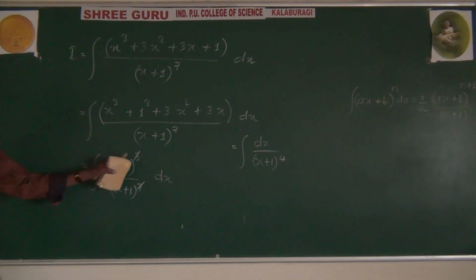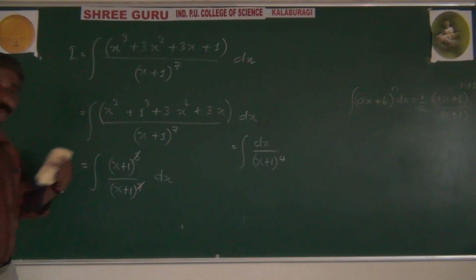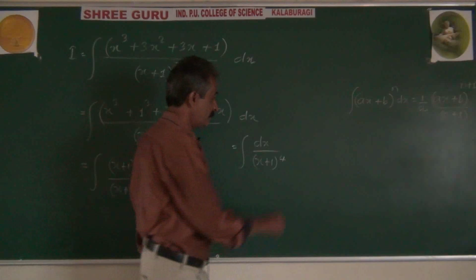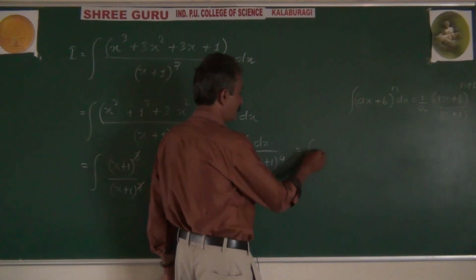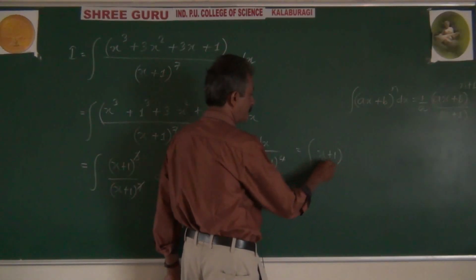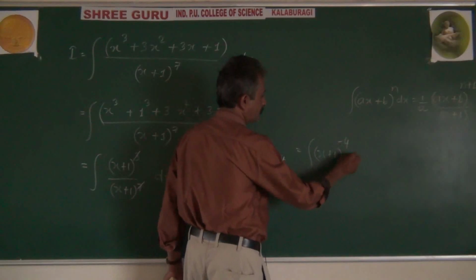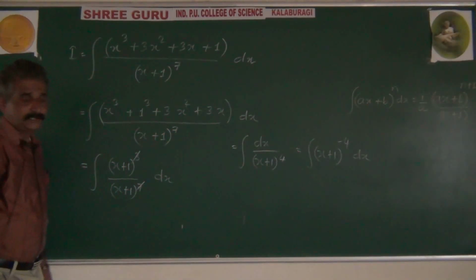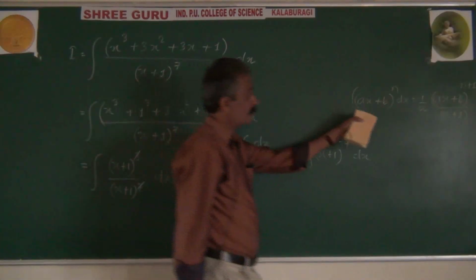Because of the cube and 7, the cube factor cancels, leaving power 4. We shift this factor to the numerator, so it is integration of (x plus 1) to the power minus 4 dx. Yes, now it is exactly in this formula type.